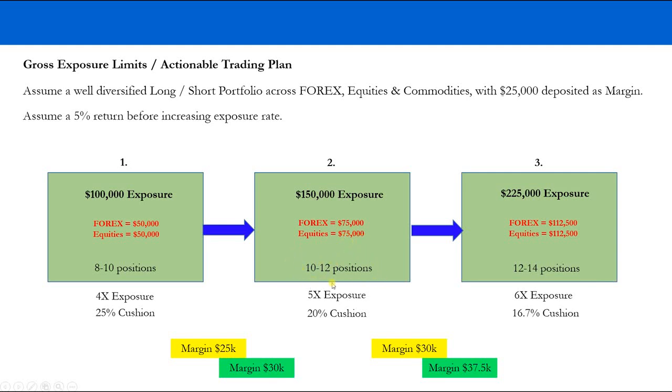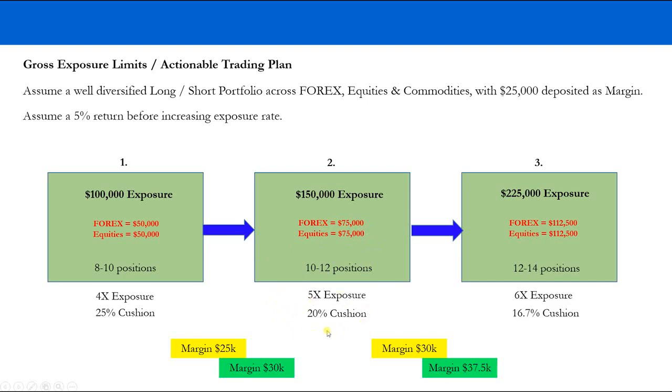We've also increased the number of positions in our portfolio, which is very key because as we're growing our exposure, we're taking more gross risk, but we're actually taking less net risk. Our exposure in Forex is gross 75, equities gross 75, but that 75 in each asset class is split amongst more positions. So our net exposure to asset classes is actually decreasing in terms of overall risk.